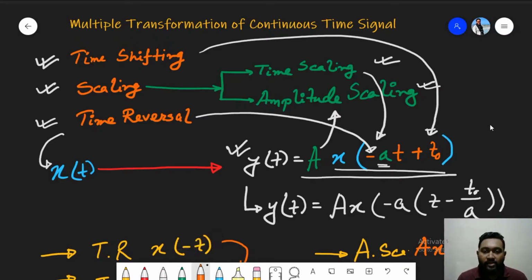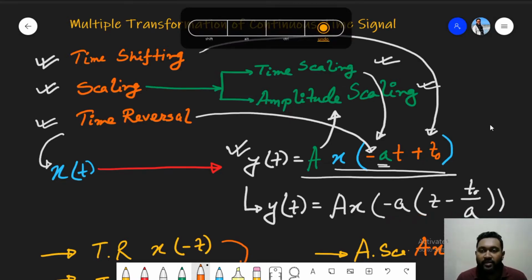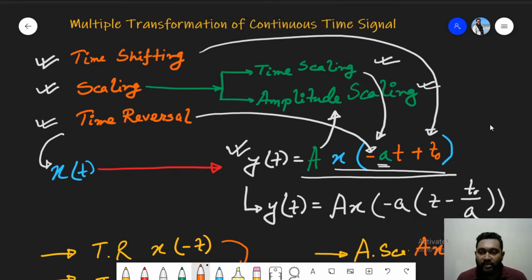So here, as you can see, I have modified the y of t a little bit. This will come in very handy for us. I recommend you also do this. There's nothing special: I have just taken minus a as common from this side, and finally got this equation, minus a into t minus of t naught by a.